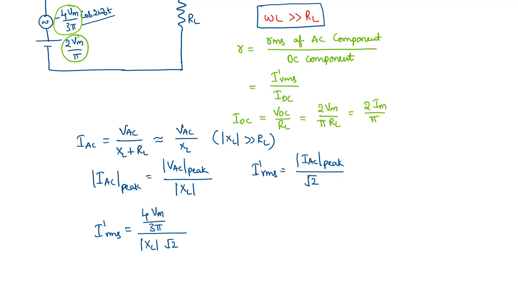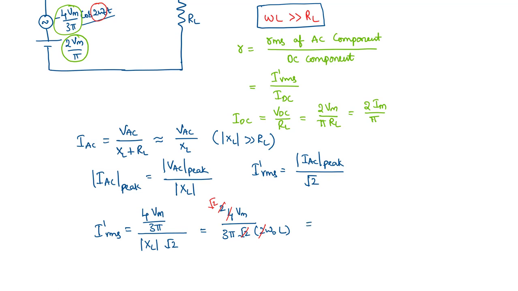Now the magnitude of XL is omega L, where omega is the frequency at which it is operating. We know that omega is 2 omega naught because the frequency of the cosinusoid waveform is 2 omega naught. Substituting that, we get 4 Vm over 3 pi square root 2 times 2 omega naught L. We can cancel the 2 with the square root, and we get a square root 2 in the numerator.